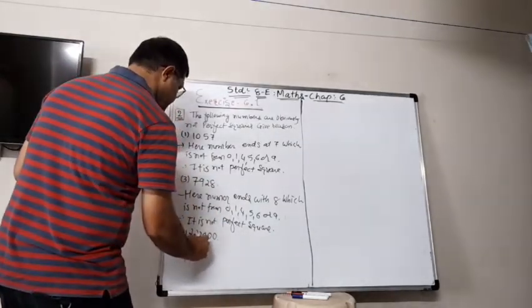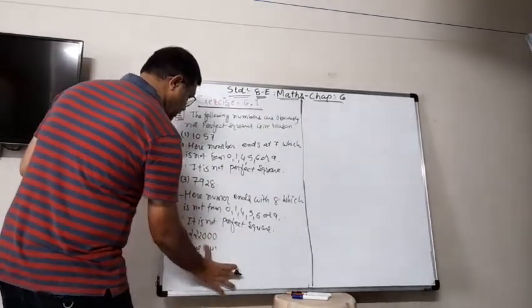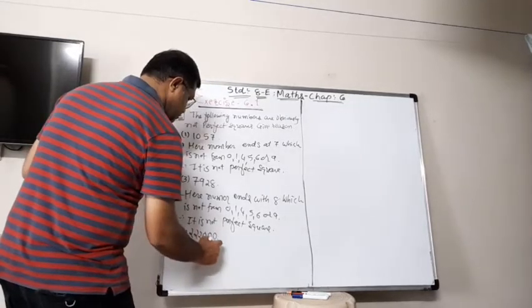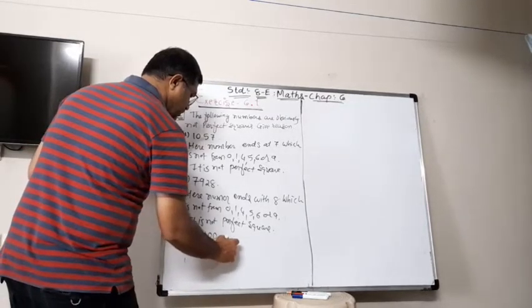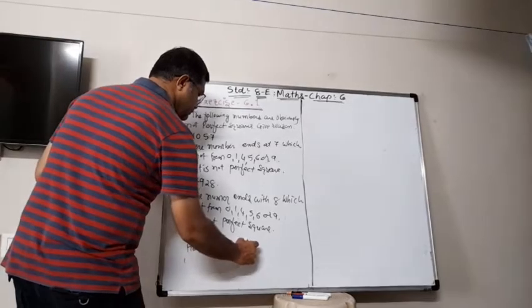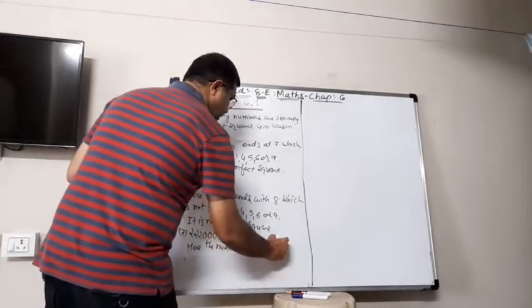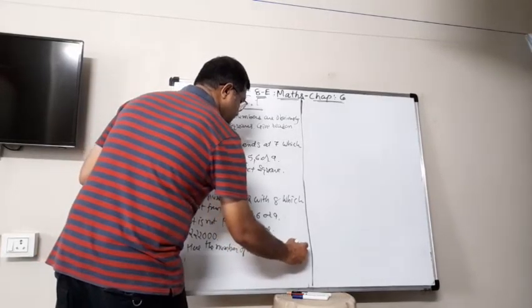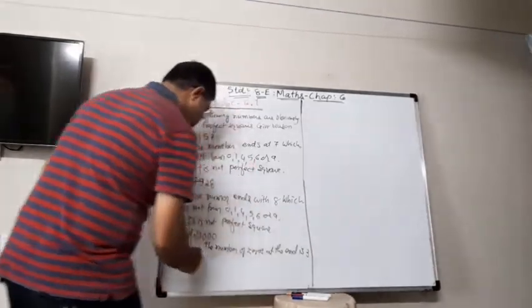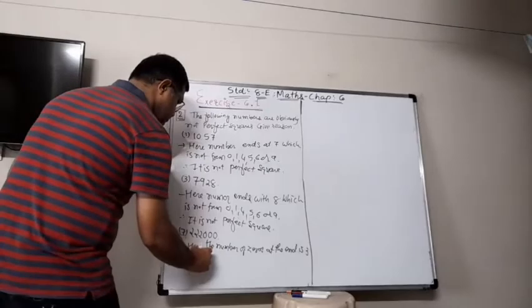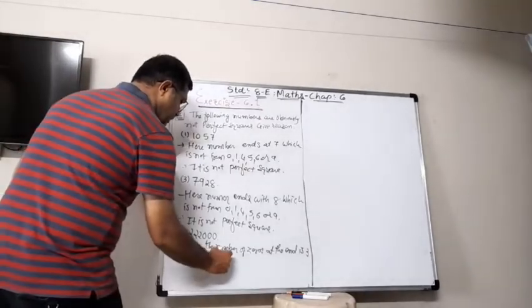So here the number of zeros at the end is 3, which is an odd number.